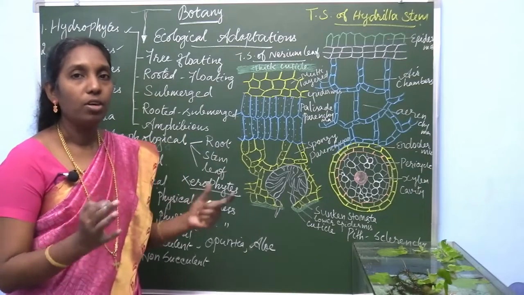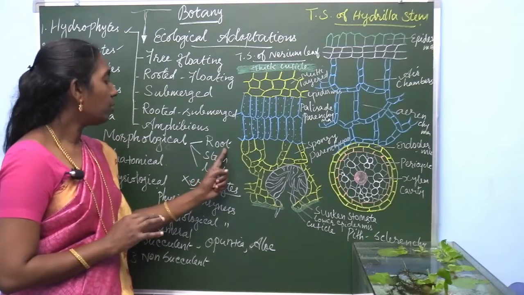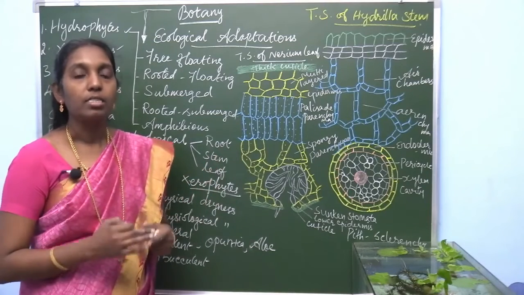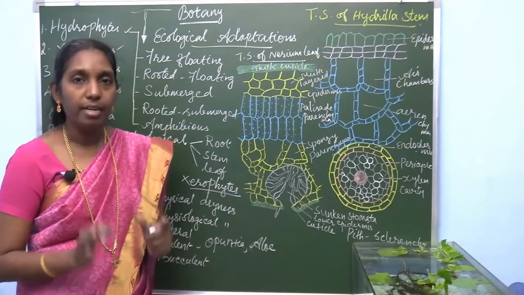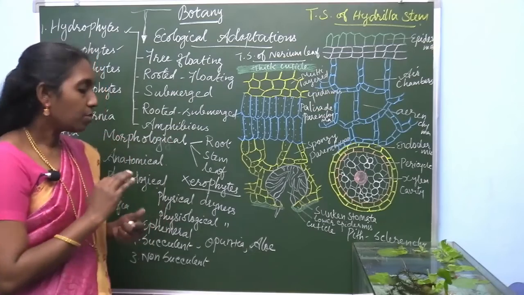What are the morphological adaptations? Under morphology, we can write about root, stem as well as leaf. In xerophytic plants, the root system is better developed than the shoot system, and the shoot system is poorly developed.